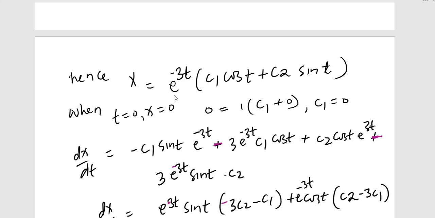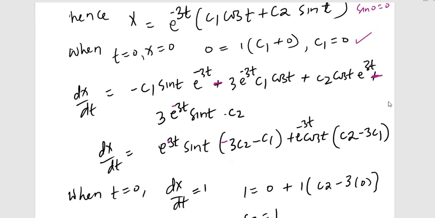When x is 0, and t is equal to 0, 0 is equal to e to the negative 3 of 0 times c1 cos 0, which is 1 times c1, plus c2 sin t, because we know sin 0 is equal to 0. Therefore, when we substitute it in, c1 will finally equal 0.